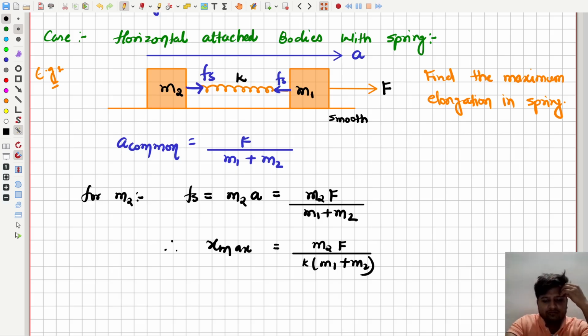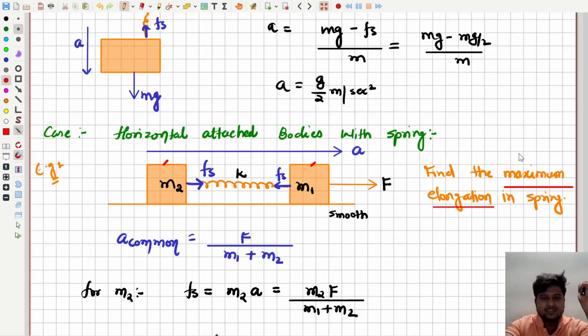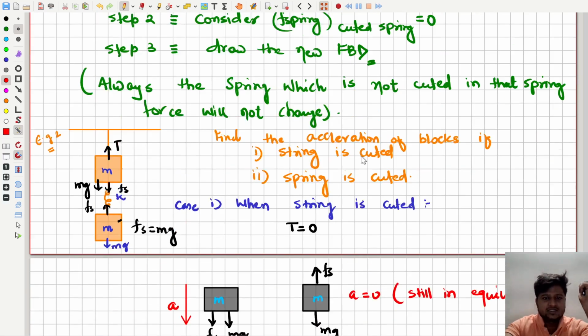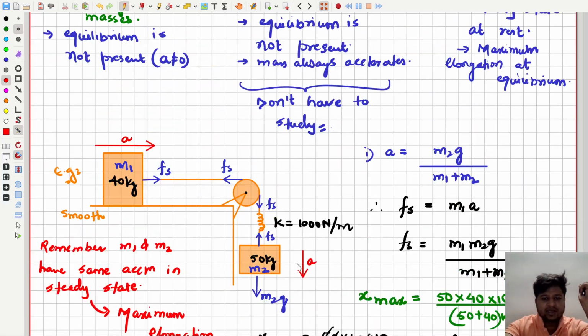Now, I want to discuss this idea. Whenever you see that I am taking the word maximum elongation, then I'm fixing one thing, that both of them are moving with the same acceleration. Like over here also you can see that I have put the same acceleration.